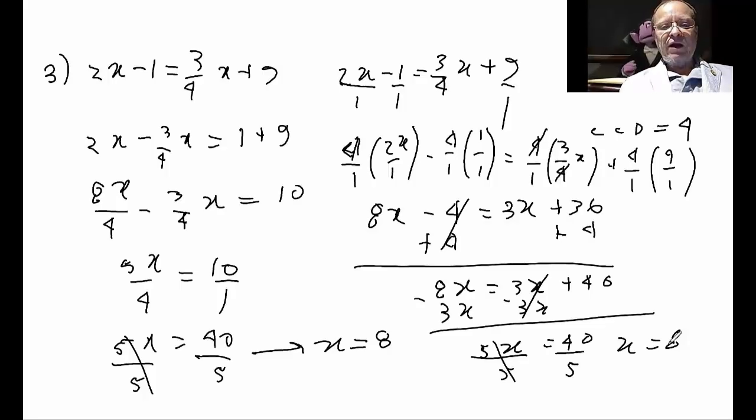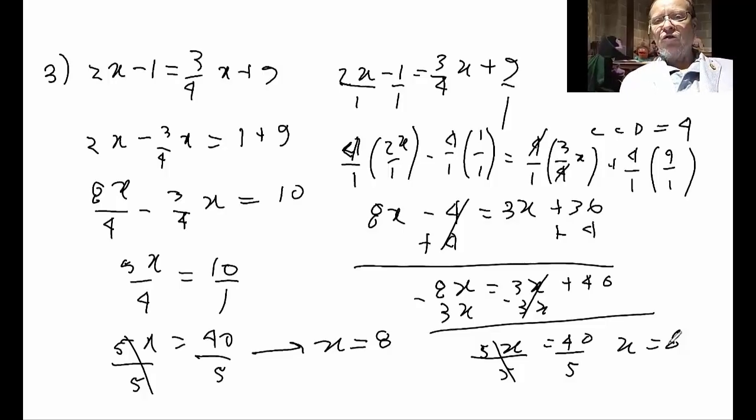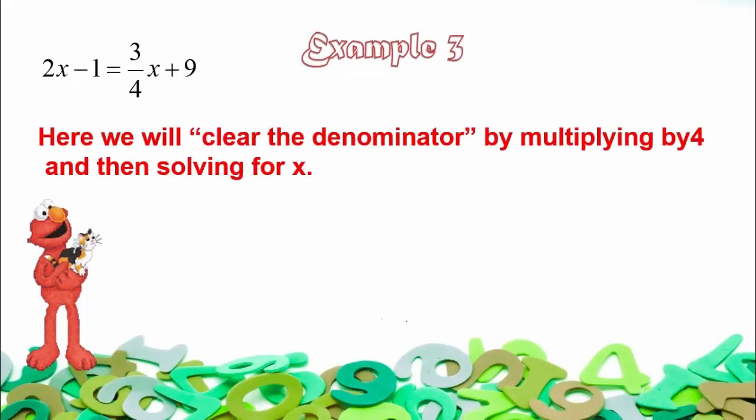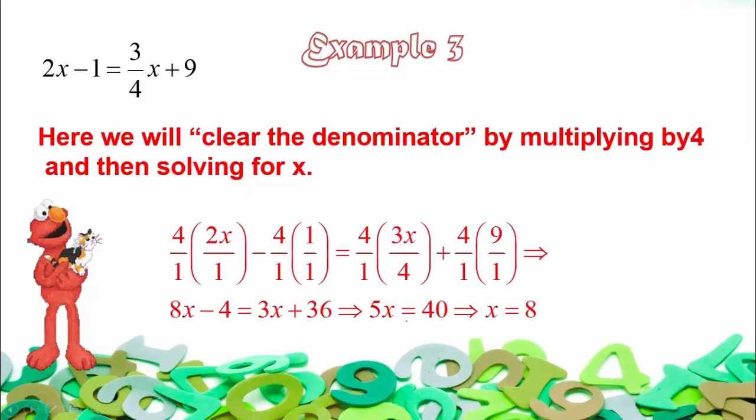But of course, whatever methods you like to use is fine, but certainly clearing the denominator is a more powerful method. In reviewing what we did on the whiteboard in example number 3, we used the technique of clearing the denominator, and we did this by multiplying everything through by 4 and then solving for x.